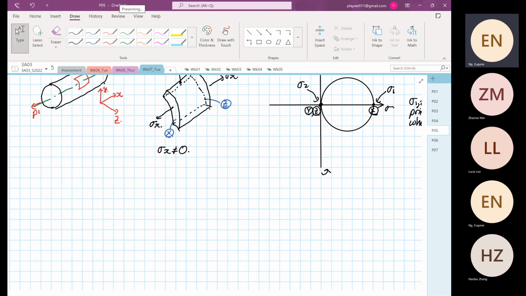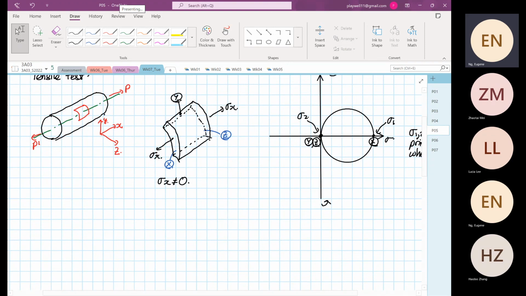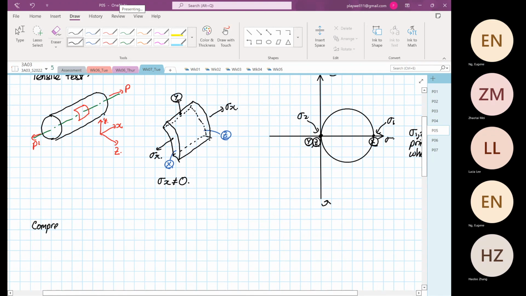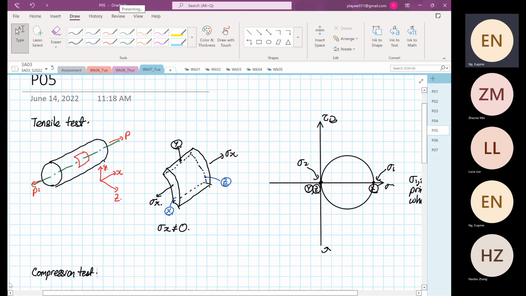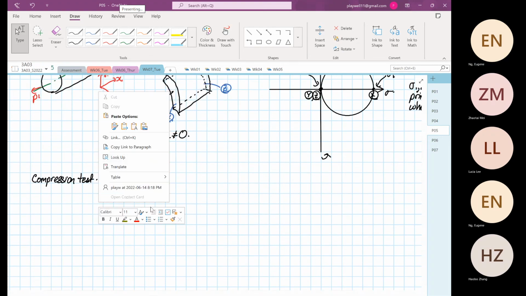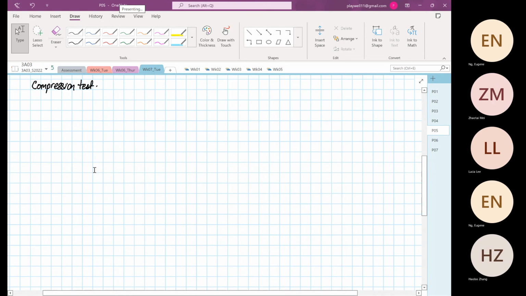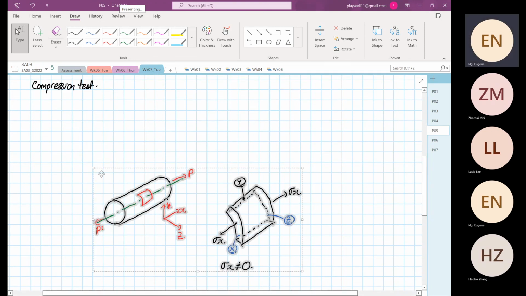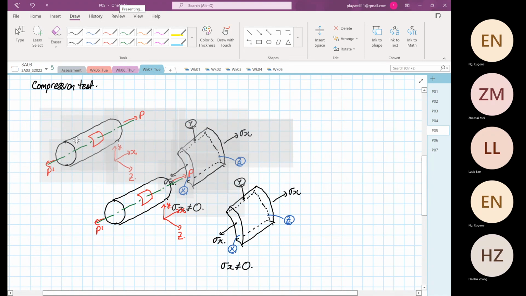Now I'm going to sketch what if we have compression. Okay, what if we have compression test. Okay, so if we have compression test, how does it look like? So I just need to copy this thing over. Right, so copy this thing over.